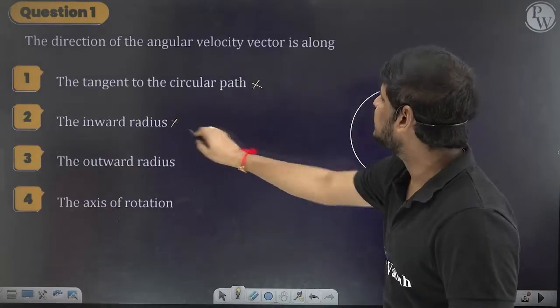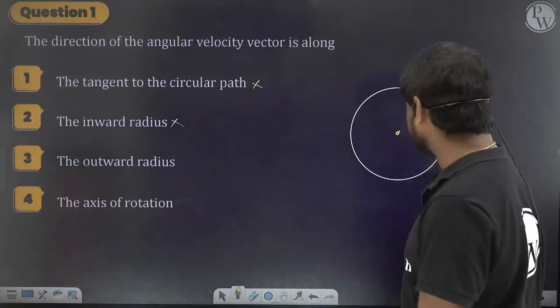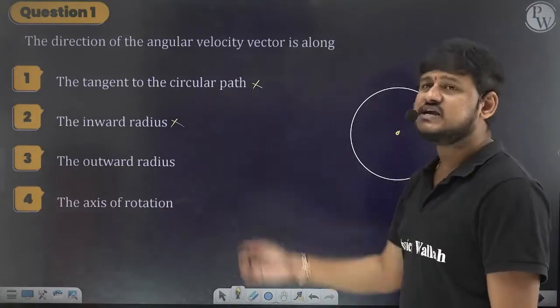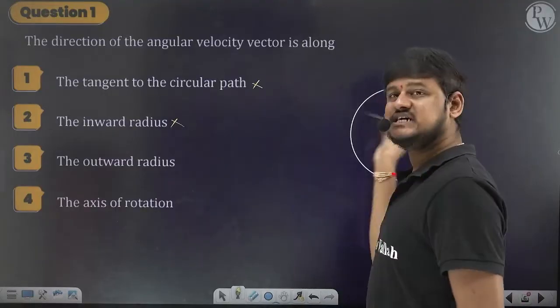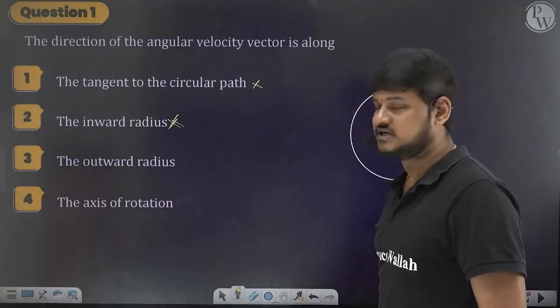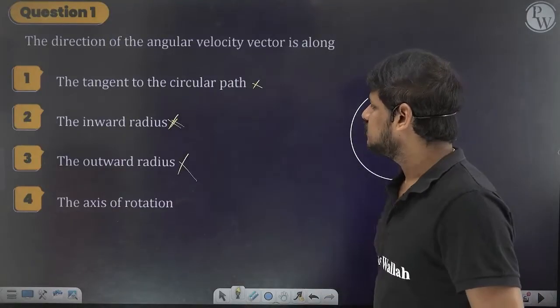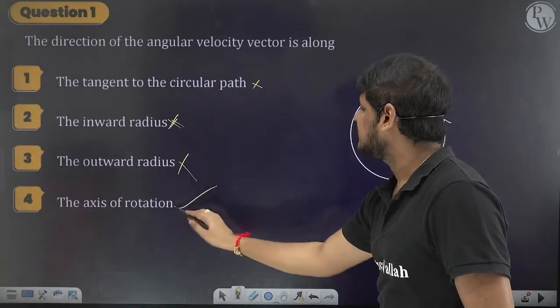Towards the inward radius, that is the centripetal acceleration, but they are asking about the angular velocity here. And the outward radius, centrifugal, no. So the axis of rotation, yes.